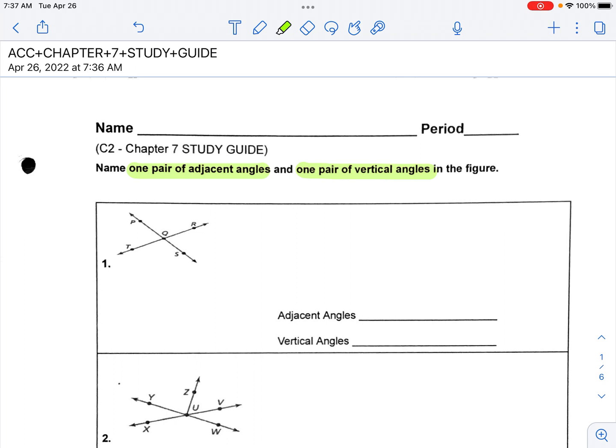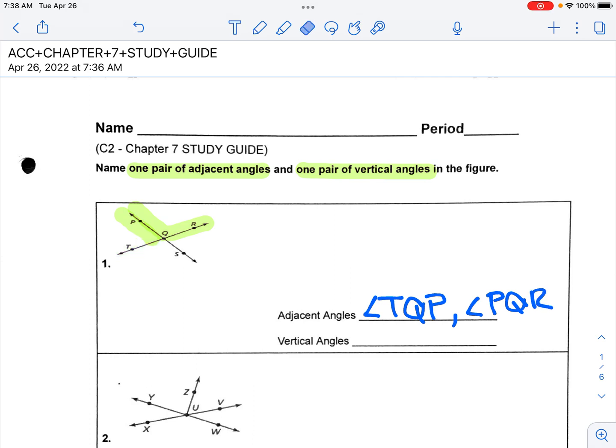So when we're talking about adjacent angles, we're talking about angles that share a vertex and a side. So there were lots of choices that you could have had. I'm going to choose angle TQP and angle PQR.